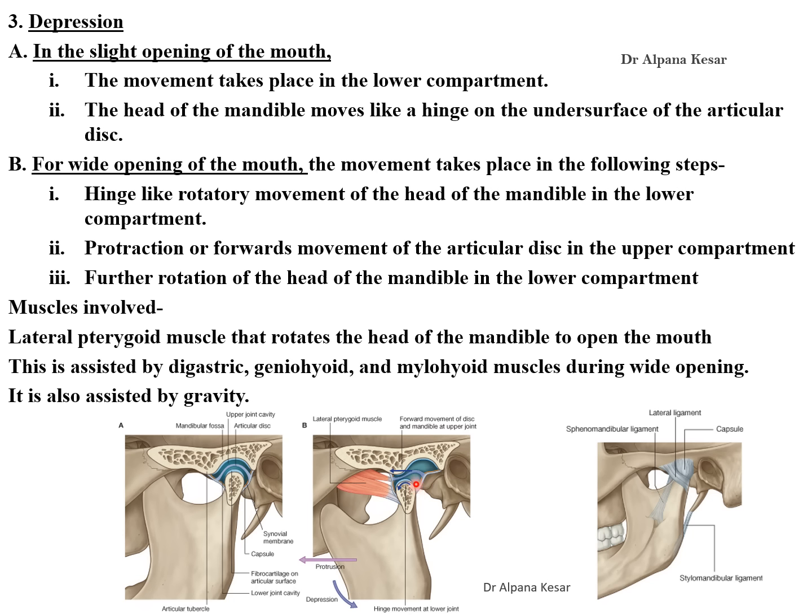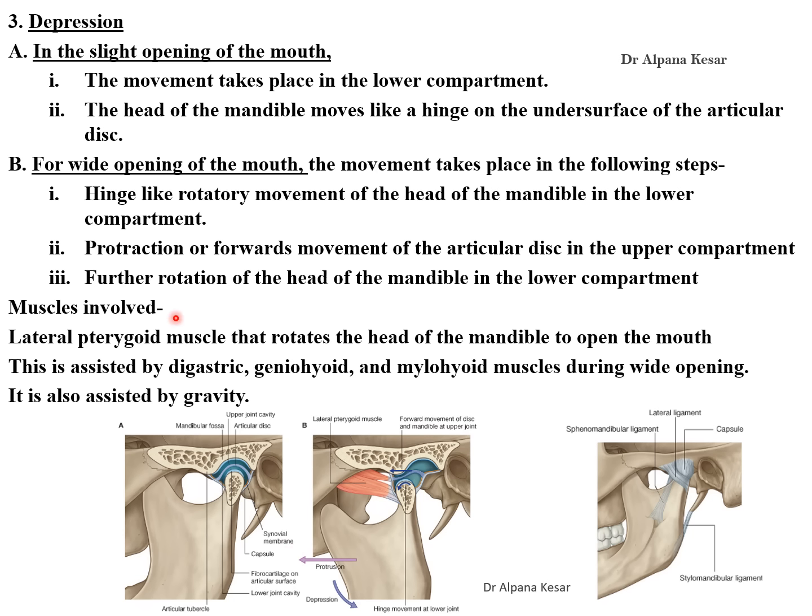The third movement takes place in the lower compartment, which involves further rotation of the head of the mandible on the undersurface of the articular disc, leading to further depression of the mandible, and thus wide opening of the mouth occurs.